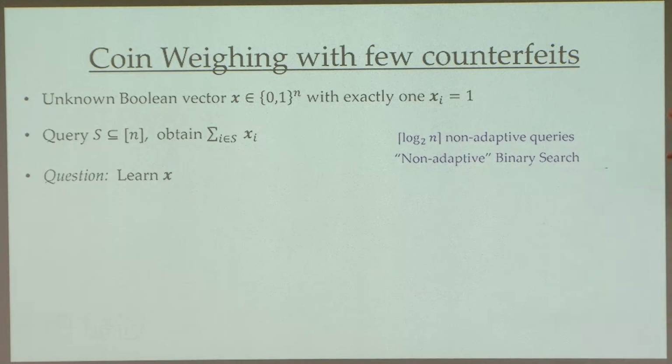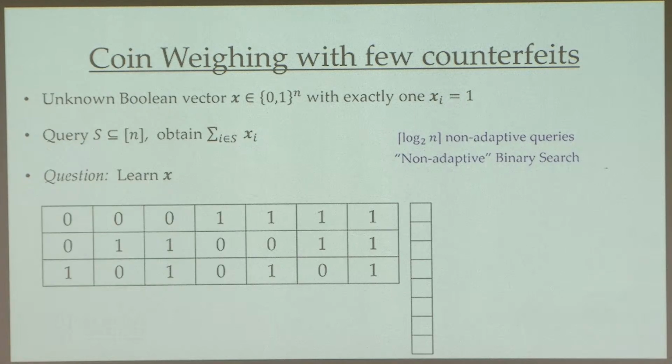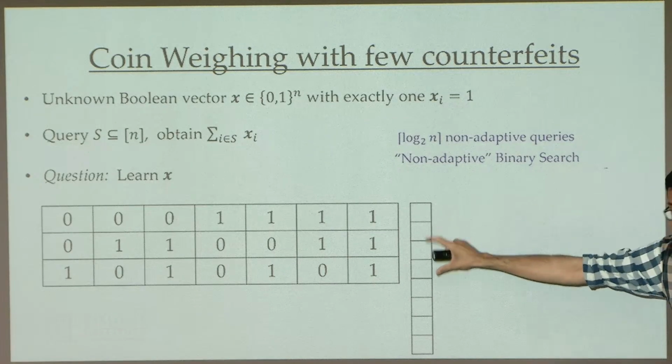So, for example, if I have just one 1 in the X vector, and I want to find this coordinate, then there is actually a log n sized non-adaptive algorithm. You write the numbers 1 to n in binary as the columns, since there are n coins. And that's your log n by n matrix.